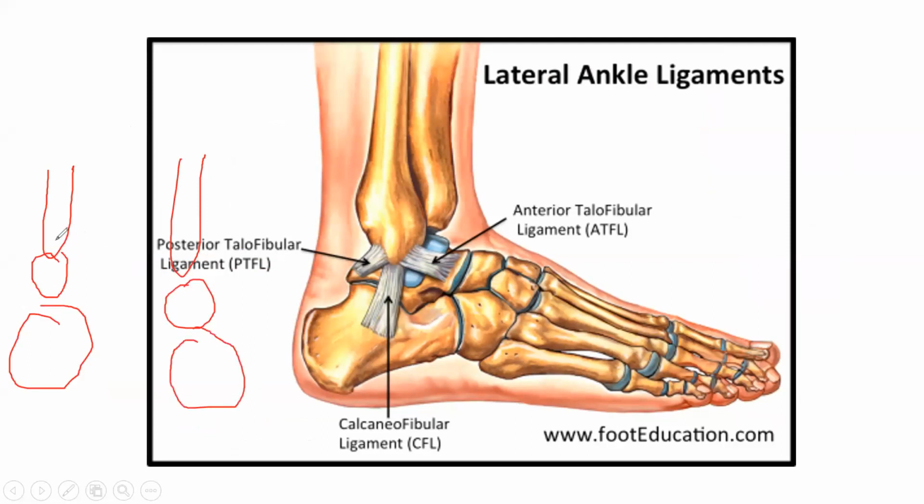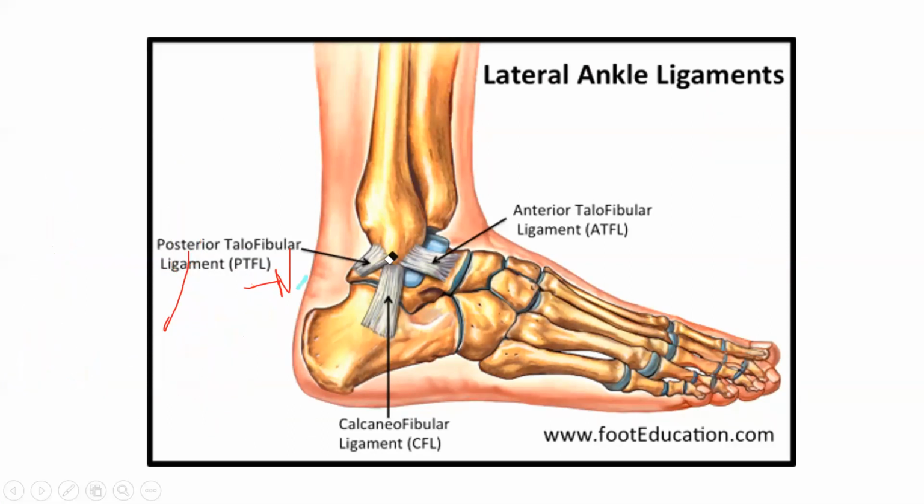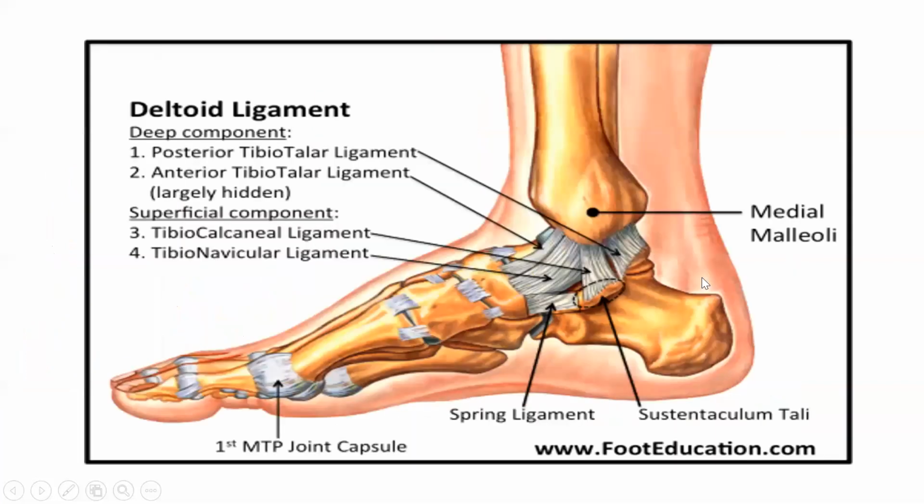From the fibula, two ligaments go toward the talus and one ligament toward the calcaneum. From the tibia, two go toward the talus and one toward the calcaneum. One more goes from the tibia toward the navicular, which is the tibio-navicular joint. This is the medial collateral and this is the lateral collateral. I hope you can understand this type of ligament.